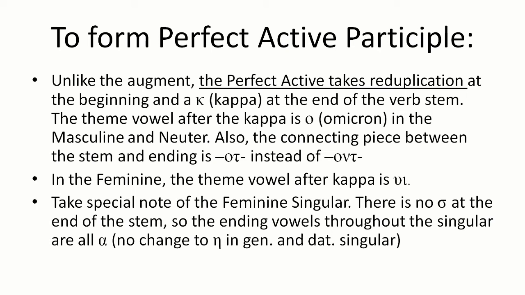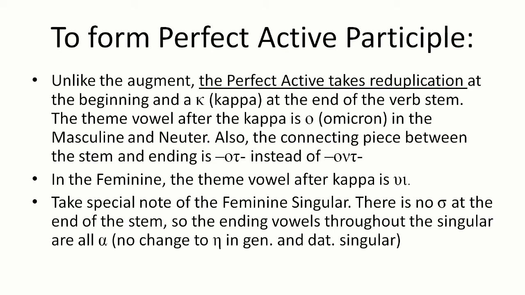And here in the participle, the theme vowel for that little connector section is omicron in the masculine and neuter. Also, I've noticed the connecting piece between the stem and ending is going to simply be omicron tau, ot, instead of ont with the nu in there.